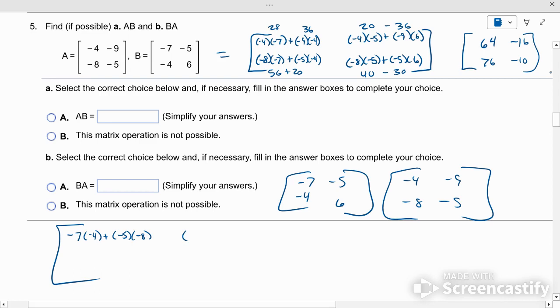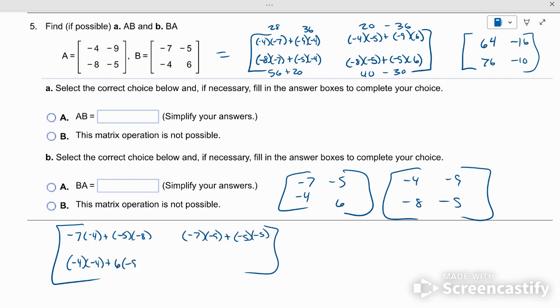Then I take first row, second column, -7 times -9 plus -5 times -5. Then I take -4 times -4 plus 6 times -8. And finally, -4 times -9 plus 6 times -5. Everybody see where I get the numbers from each time?